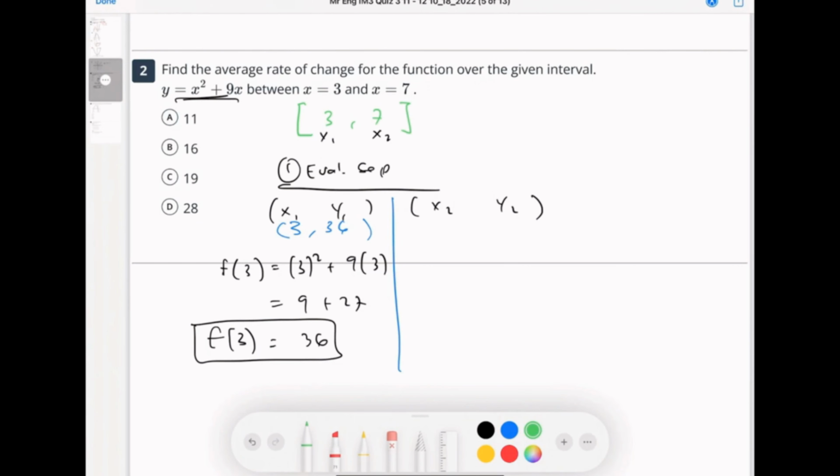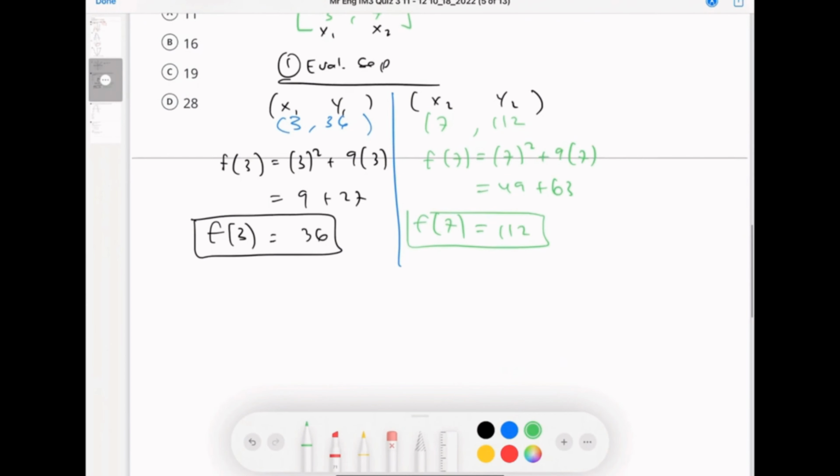Okay, let's do the other one now. We're going to use 7. So f of 7, put in 7 for every x value. 7 squared plus 9 times 7, 49 plus 63. This will give us 112. f of 7 equals 112.